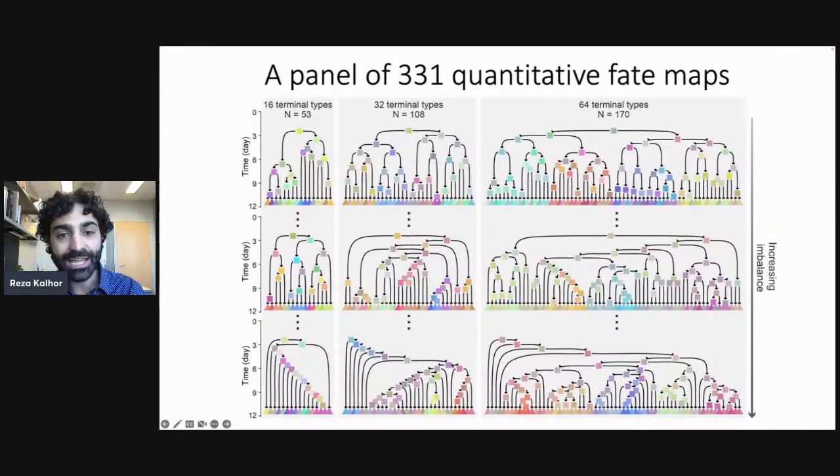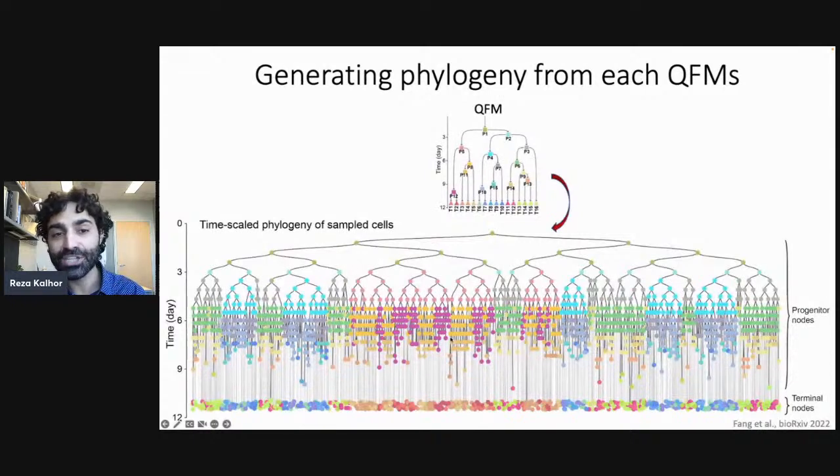Now, the next challenge becomes, given a quantitative fate map and knowing the number of cells at each stage, how do we simulate phylogenies? And I'm not going to go into much detail here because it is published. But the short answer is that we use a coalescent model in which, since we know the number of cells at each stage going backwards, we estimate the number of their progenitors going backwards in time, all the way back to the zygote.